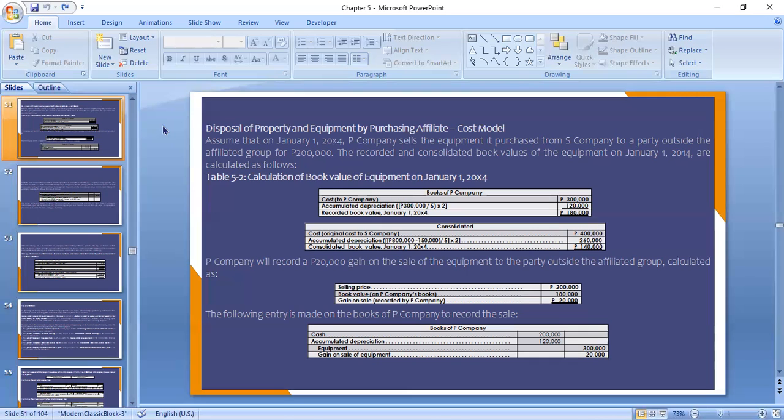Okay. So P company will record a 20,000 gain on the sale of the equipment to the party outside the affiliated group, calculated as the selling price of 200,000 minus the book value of 180,000, the gain on sale of 20,000.